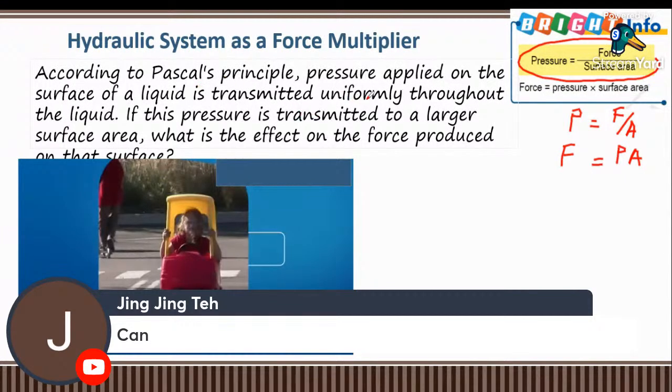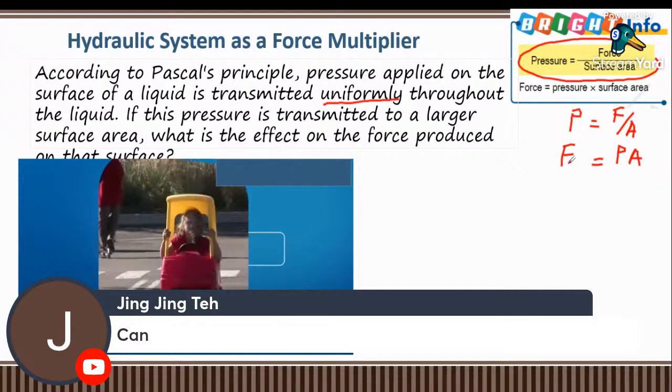Okay, according to Pascal's principle, pressure applied on the surface of a liquid is transmitted uniformly throughout the liquid. If this pressure is transmitted to a larger surface area, what is the effect on the force produced on the surface?